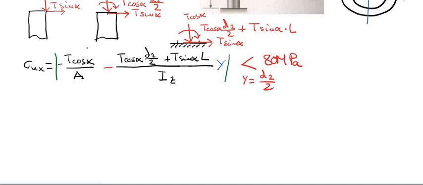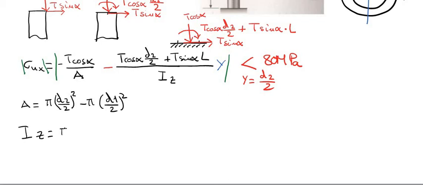If we calculate the actual value, we have to take into account that the area of the cross section is equal to pi times (d2 divided by 2) squared, minus pi times (d1, the inner diameter, divided by 2) squared, and the moment of inertia about the z-axis is equal to pi times (d2 divided by 2) to the 4th power divided by 4, minus pi times (d1 divided by 2) raised to the 4th power divided by 4.